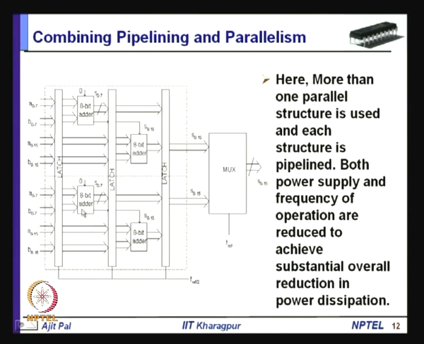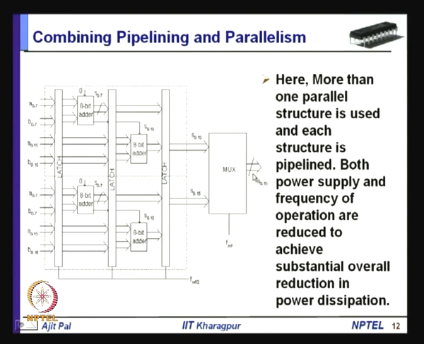And these adders will be operating at a much lower voltage, even less than V reference by 2, and the clock frequency here is F reference by 2, because here you are generating at half the rate, and the output of the multiplexer you will be getting at the full rate.